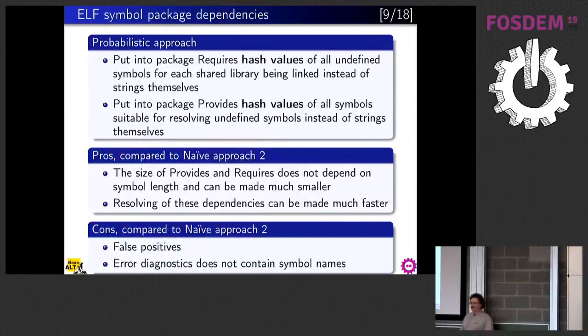But besides false positives, you're losing the actual symbol names. So when the solver detects a situation where requires are not met with provides, there is no information about actual symbol names. It just says that they are not met.